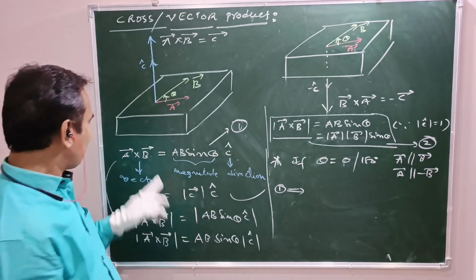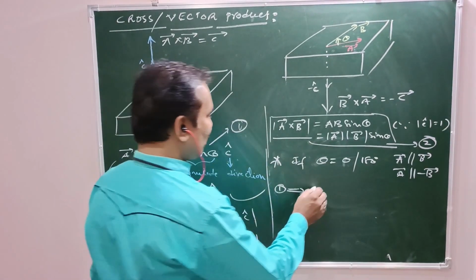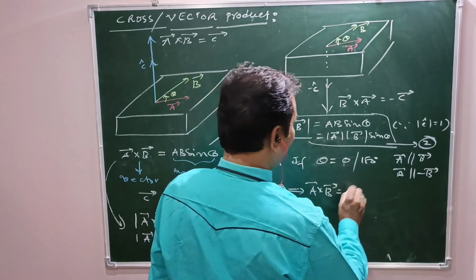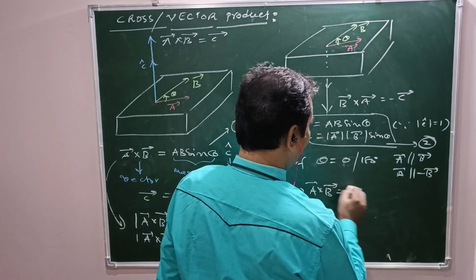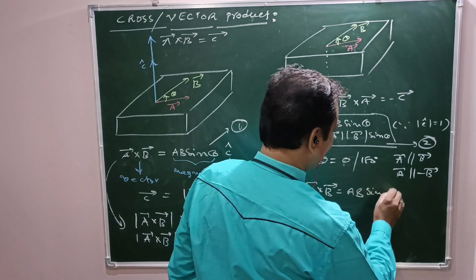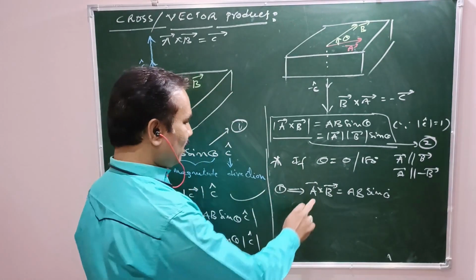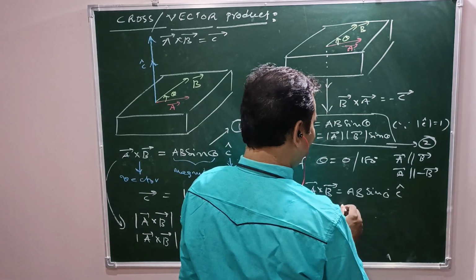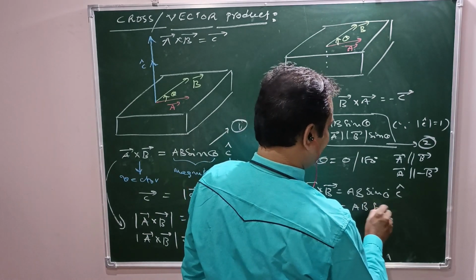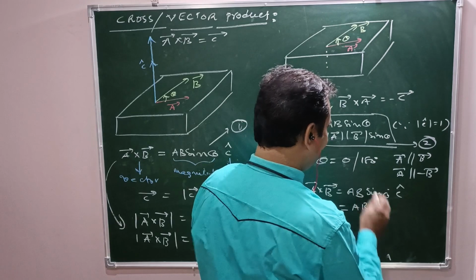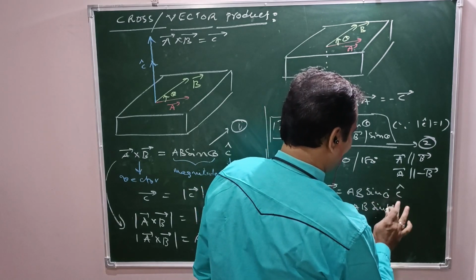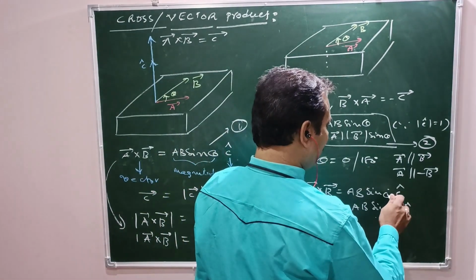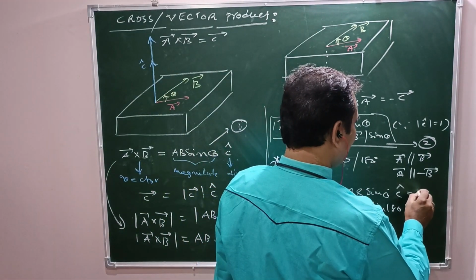As far as equation 1 is concerned, in vector form, A bar cross B bar equals AB sin 0 into C cap. Otherwise, AB sin 180 into C cap. Sin 0 is 0, so 0 into something is 0.